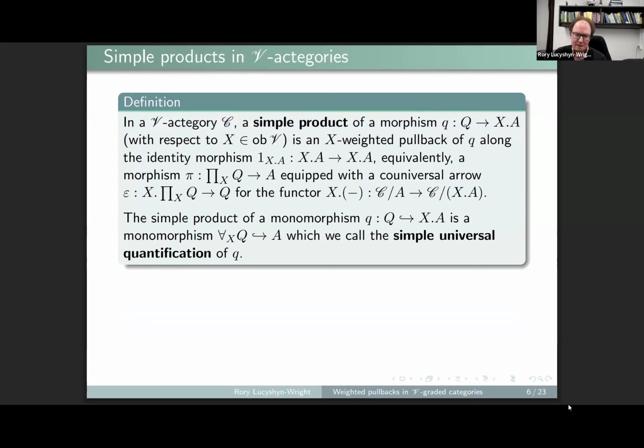Simple products are a special case in the Cartesian world of right adjoints to substitution along arbitrary morphisms, namely the special case of product projections. Here in the actegories world, the product projections don't actually exist, and yet simple products still do. So this is my response to your comment. I hope that illuminates things a bit.